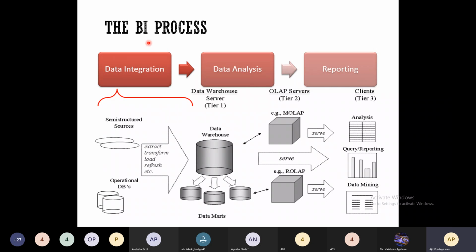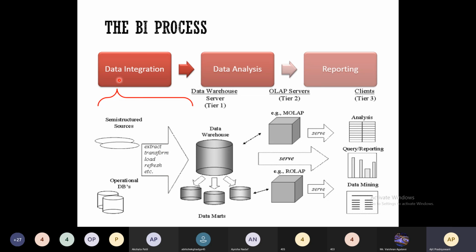In the business intelligence process, you collect data from different sources, that is called data integration. And once you collect the data, you need to go through the ETL process, that is called extract, transform, load. This process you need to follow to get good quality data.